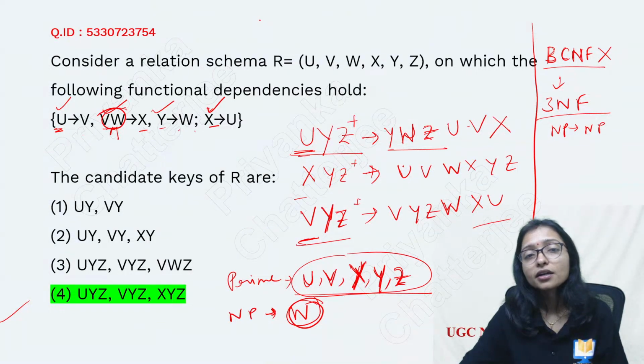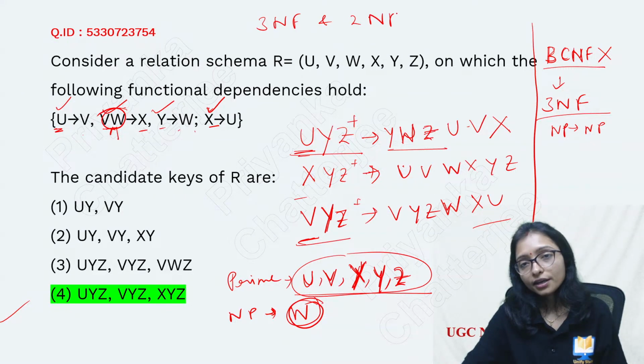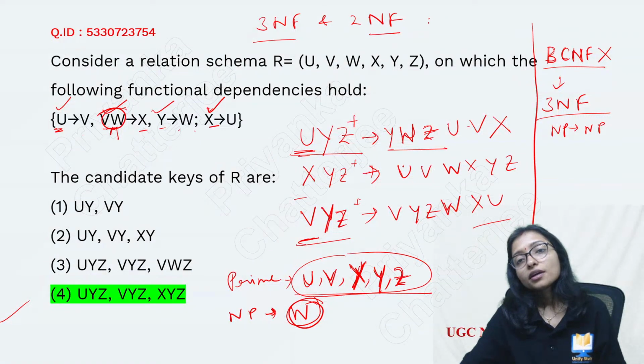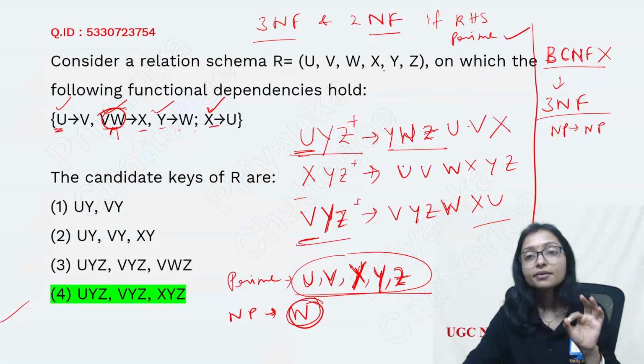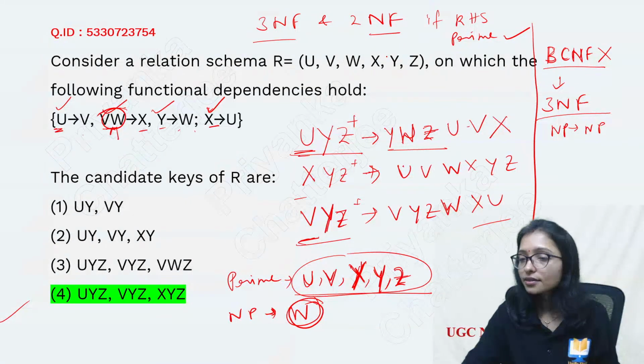Always remember for 3NF and 2NF, if the right hand side is prime, then no problem, this is allowed. Right hand side prime is allowed here in 3NF and 2NF. Okay.